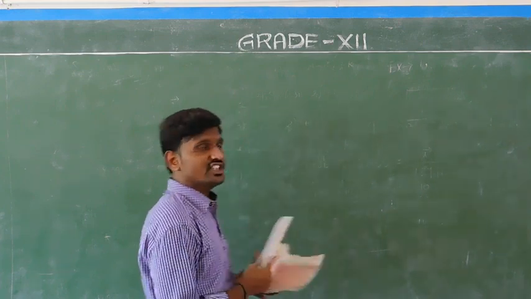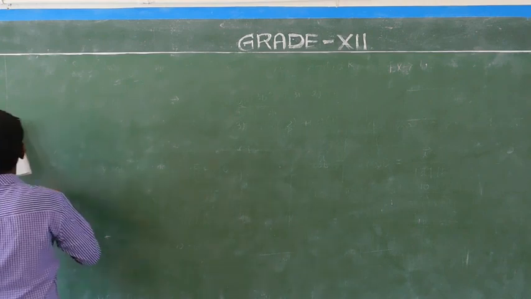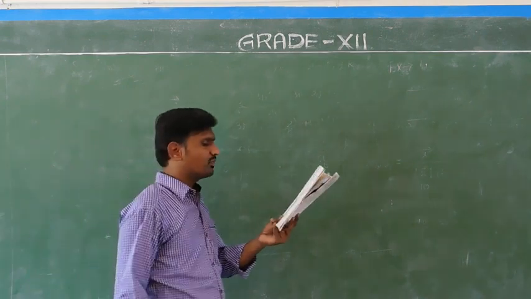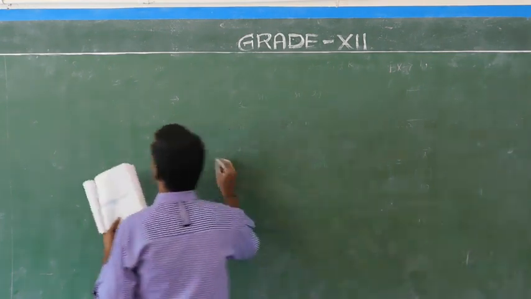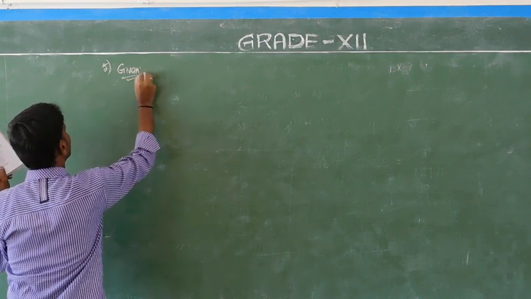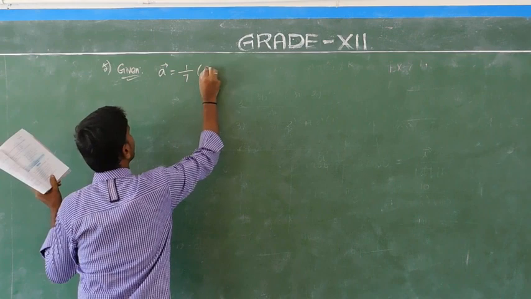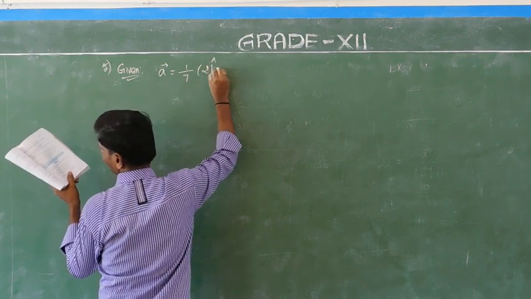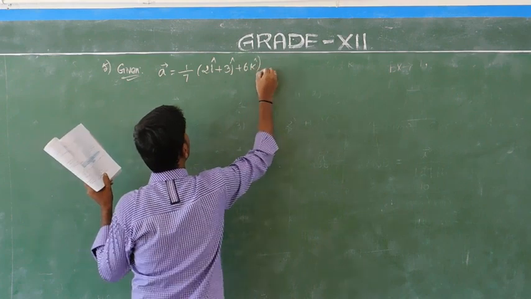So what is the given question? Read yourself. That is, show that each of the given three vectors is a unit vector. So the three vectors are given, named by question number 5. Given A vector, which is equal to 1 by 7 into 2i vector plus 3j vector plus 6k vector.